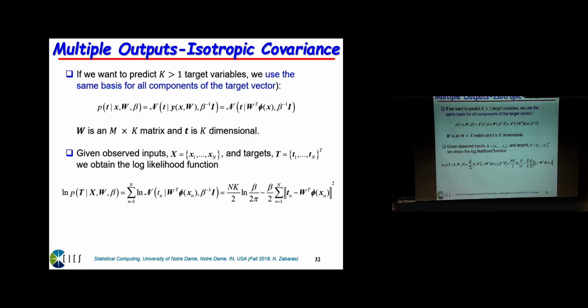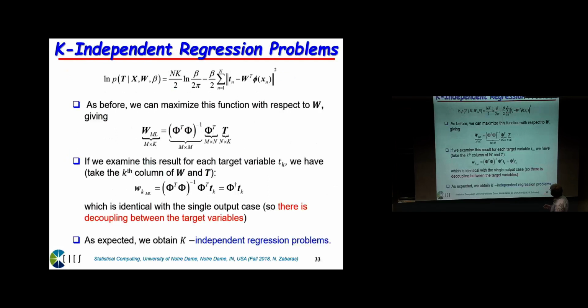Okay, so let's take two extreme cases. Let's take the case that we take a single noise for all the outputs, which is stretching it, right? You're saying for all the responses, for the height, the weight of people, the life expectancy, I'm going to put the same noise. If that is the case, it comes out when you do an MLE that effectively the regression models that you're building for each target variable are independent.